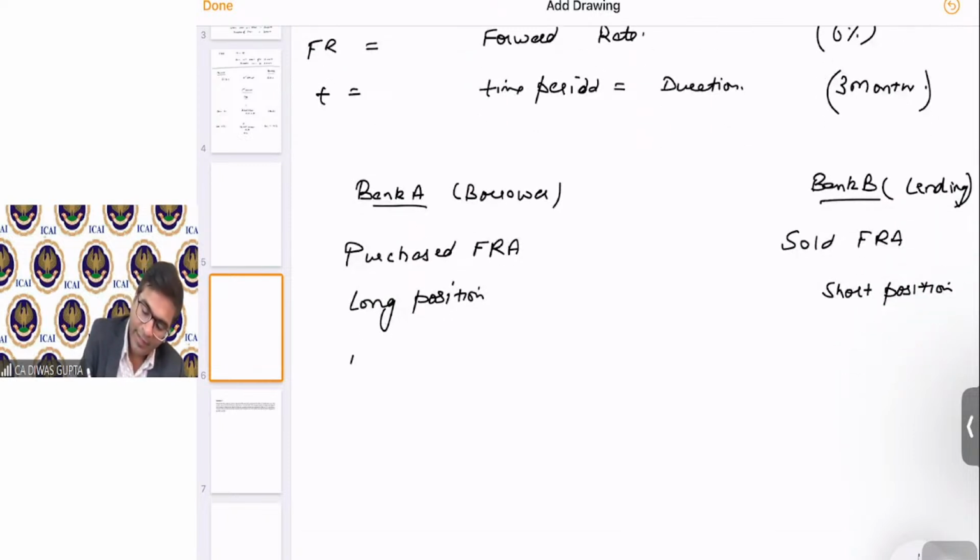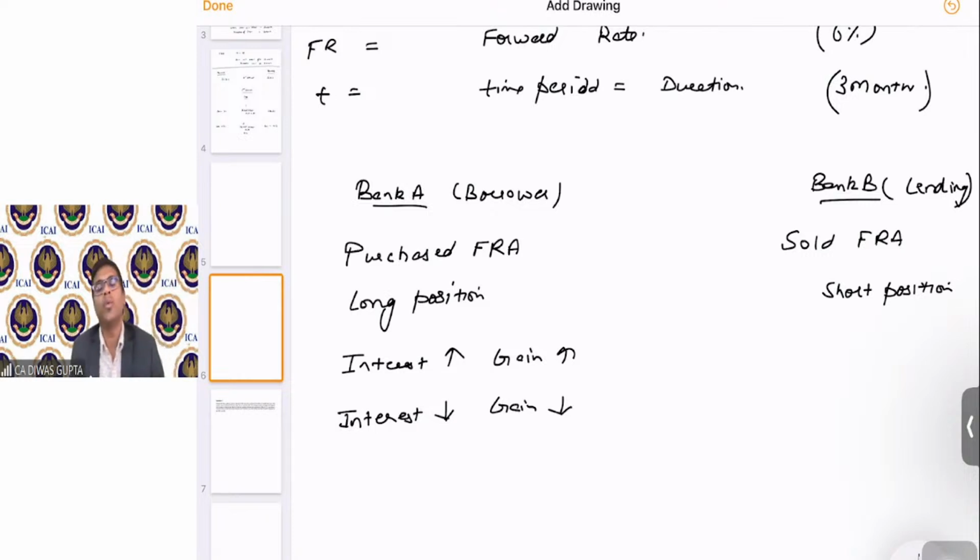And in a way, the thumb rule here becomes if the interest goes up, bank A will gain. If the interest goes down, bank A's gain will also go down. Just now we have discussed, right? 8% interest had gone up.